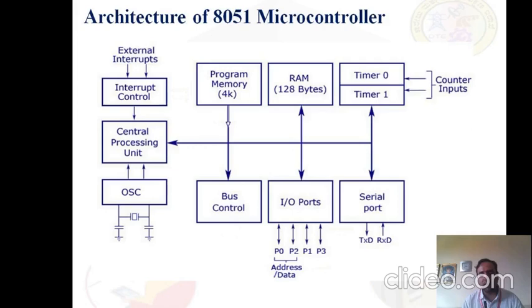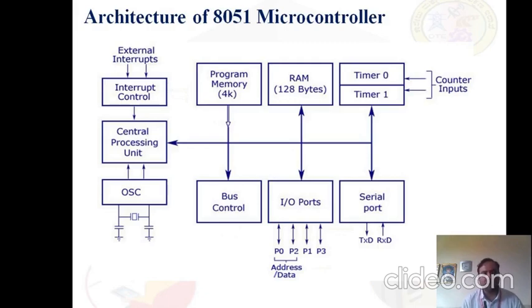As we already know, the microcontroller 8051 have 4 ports: port 0, port 1, port 2, port 3, and each port is of 8 bits, which will form the address bus and data bus. Then we have a bus controller block which control the address bus and data bus.